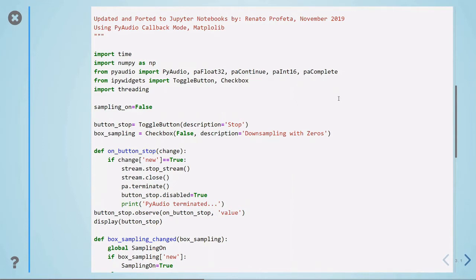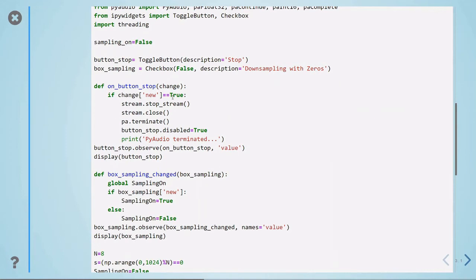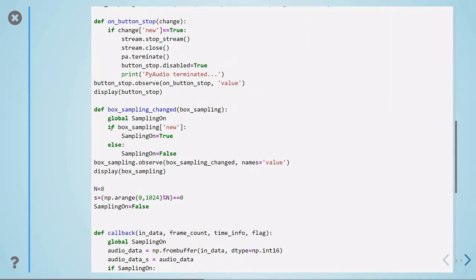And this is defining the stop button. Here is the function that is called when the stop button is pressed. And here is the checkbox to turn sampling on and off, and this is the function that is called when there is some interaction with this checkbox.